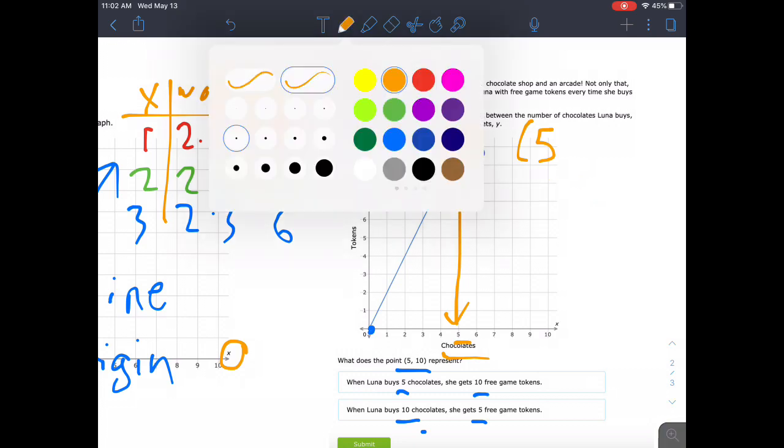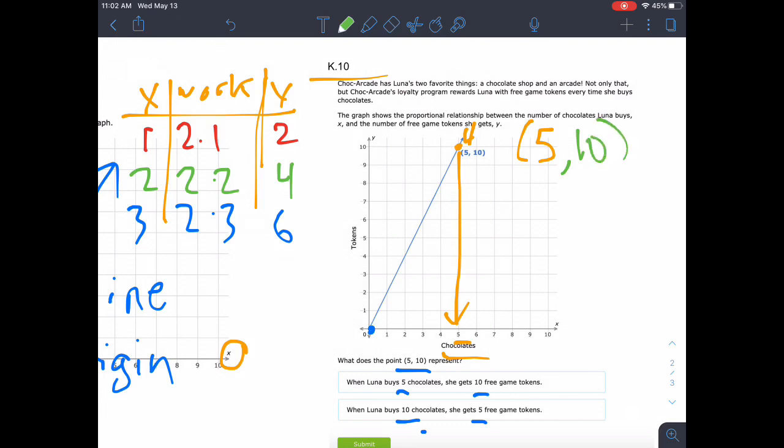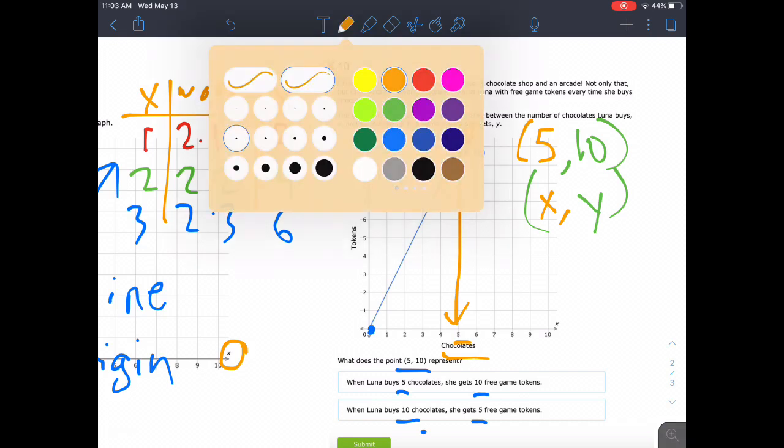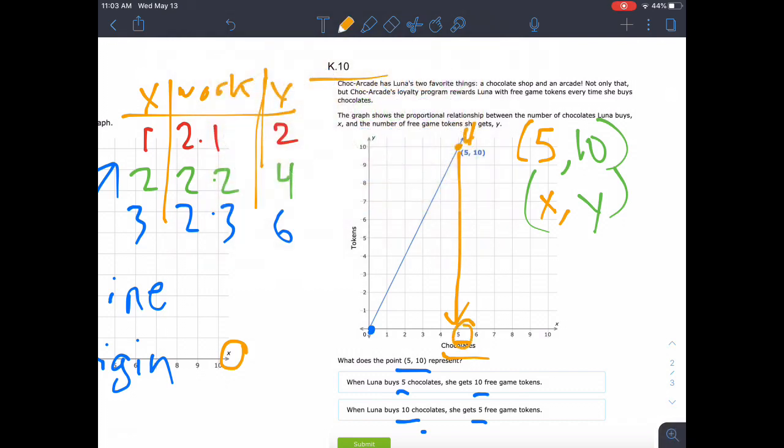The 5 is our x value. It always goes x and then y. So if 5 is the x, I can look on my graph and see that it landed on 5 and that the x-axis is chocolates.